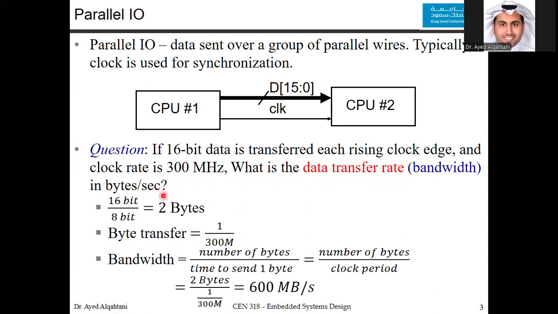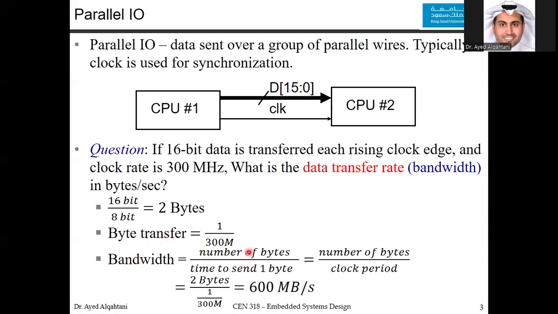That's the required unit. Since we have 16-bit data, if you divide it by 8 bits, that's 2 bytes. Now to transfer 1 byte, we need 1/300 meg. That's the amount of time that you need to transfer a single byte.